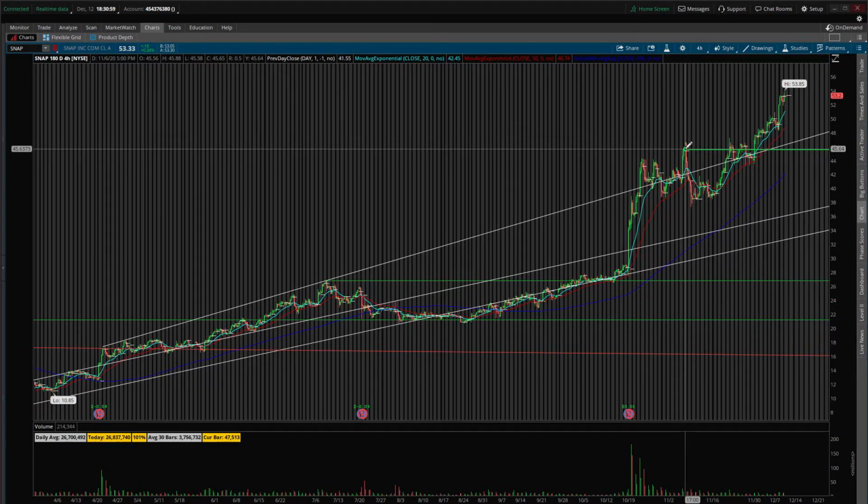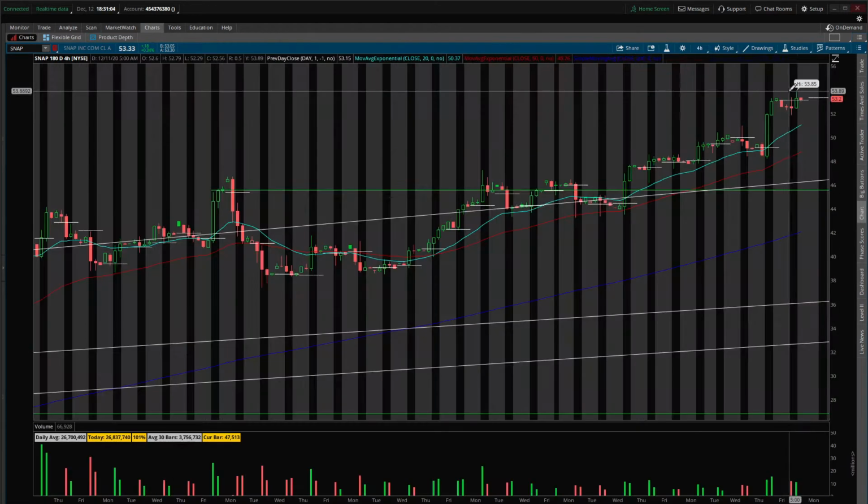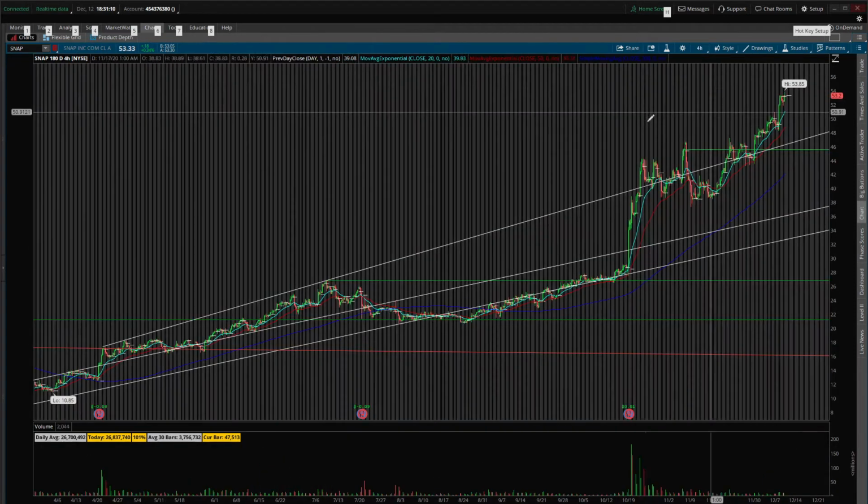That was a new high at the time, and we just made a new high on Friday, 53.85, a new all-time high. So incredible growth for Snap throughout this year, and especially recently.